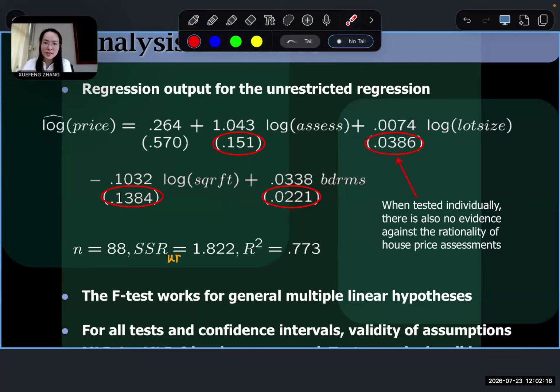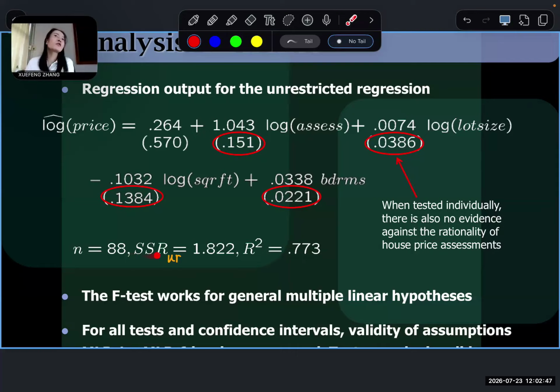Let's see, here is the regression output. We have log price hat equal beta 0 plus beta 1 plus beta 2 minus beta 3 plus beta 4. You have the SSR unrestricted here, right? So basically in the exam, I'm going to show you the regression output for 2 regressions.